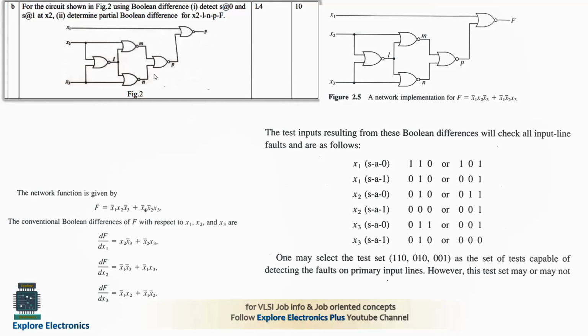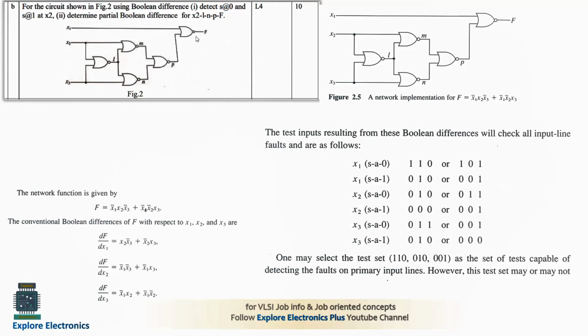For the given circuit, first we need to find the expression, what you call the network function. This is the network function for the given circuit in the question. You can easily find the network expression by taking the logical gate outputs. Then we need to find the conventional Boolean difference of the output F with respect to the inputs.